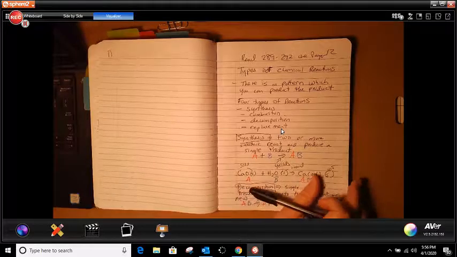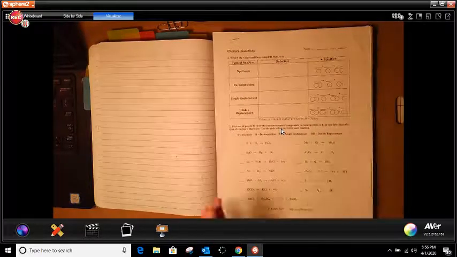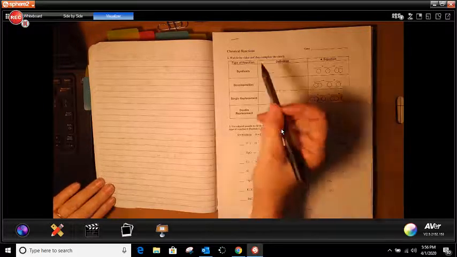So the next thing we're going to do is turn to the next page, and then you would have to open up the handout that I have provided to you on Google Classroom. The handout that you open looks similar to this. It says watch the video and then complete the chart. Well, we're not watching the video, we just read an assignment.